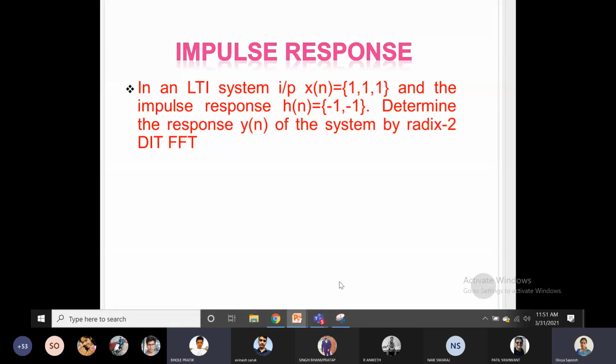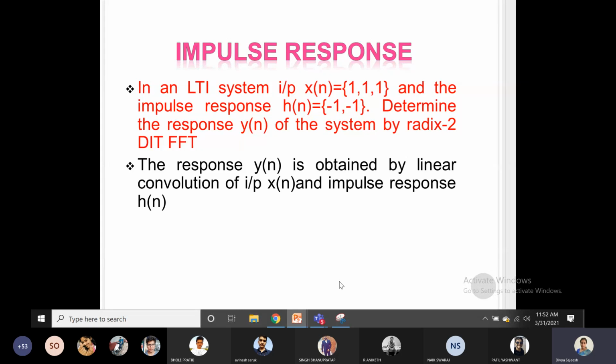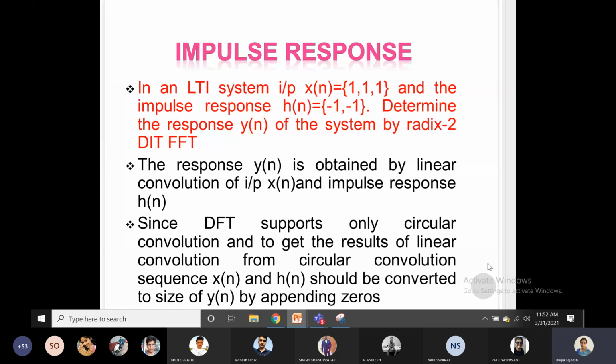That means before performing the circular convolution using DFT, we have to make the length of x of n and h of n equal to 4. How can you increase the length? By appending zeros. The response y of n is obtained by circular convolution, so I can increase the length by appending zeros at the end.